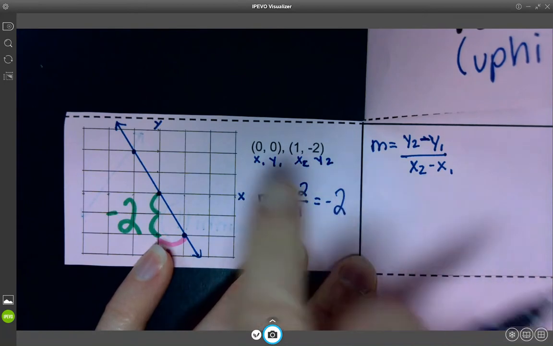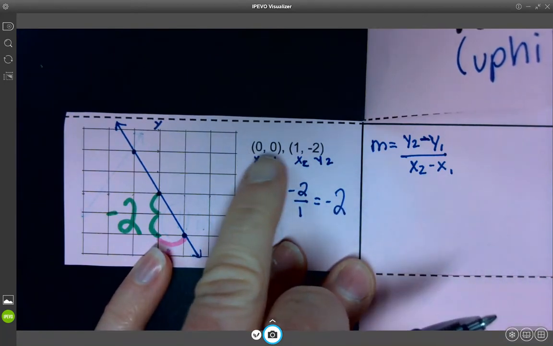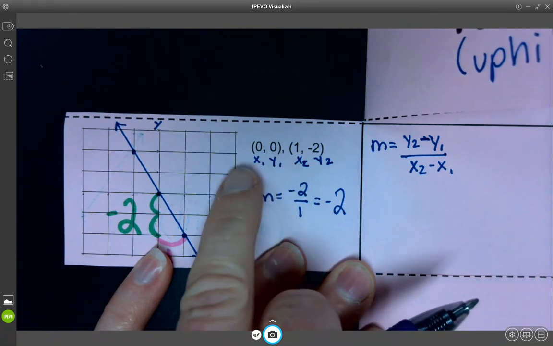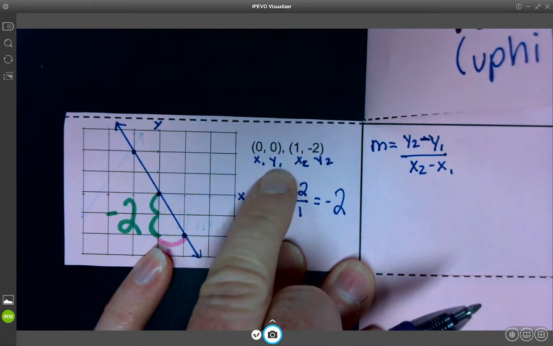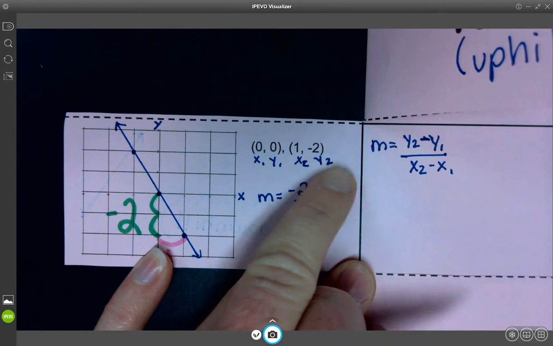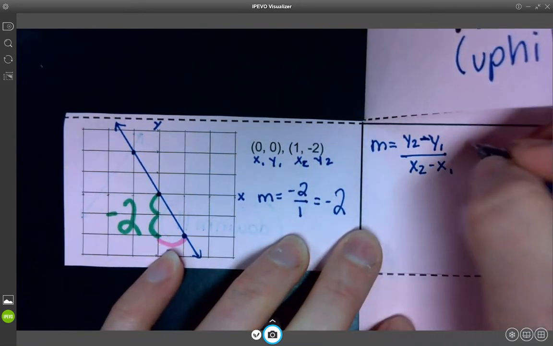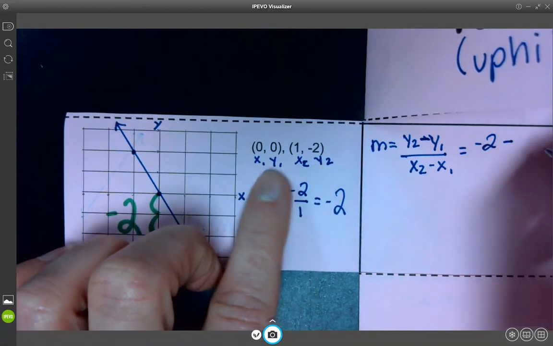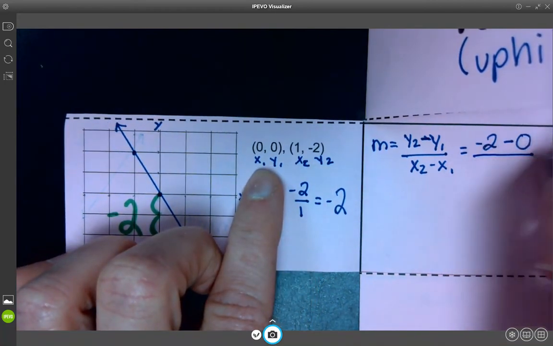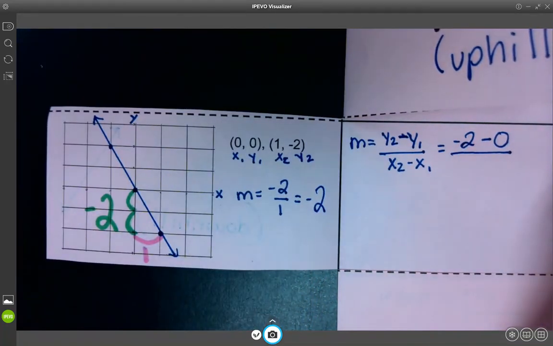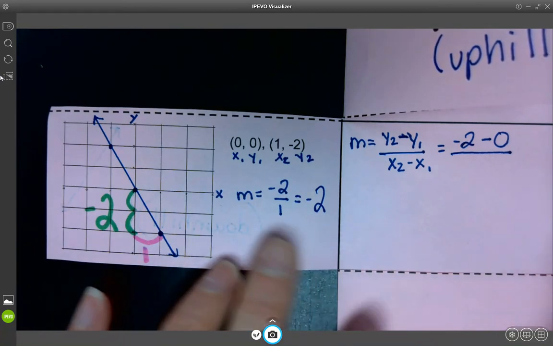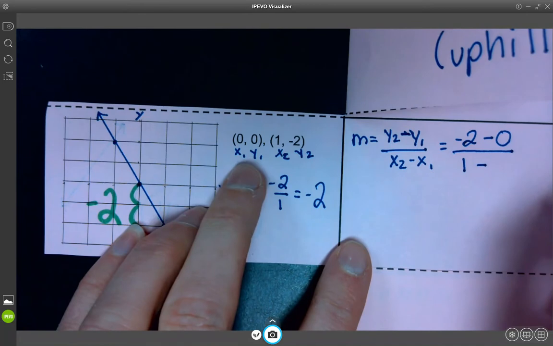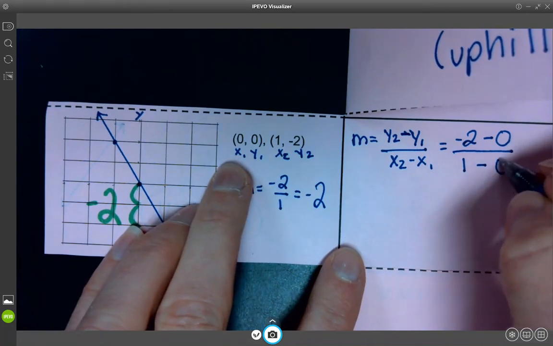What I noticed last period was people were doing X1, X2. But that's not an X, that's a Y. Make sure you do X1, Y1. Make sure you do X2, Y2. So m equals Y2, which is negative 2, minus Y1, 0, over X2, 1, minus X1, 0.